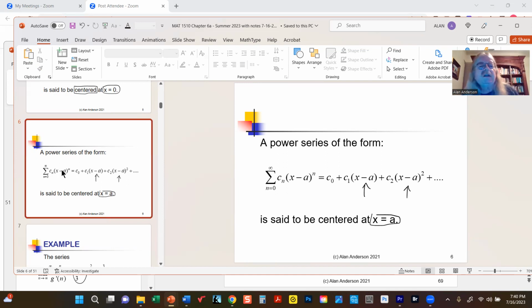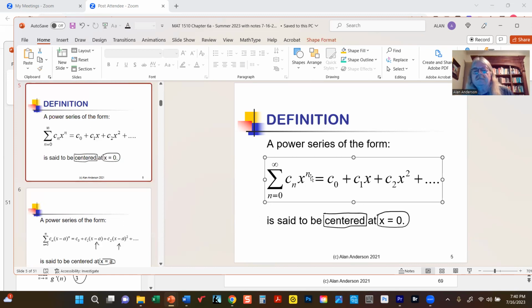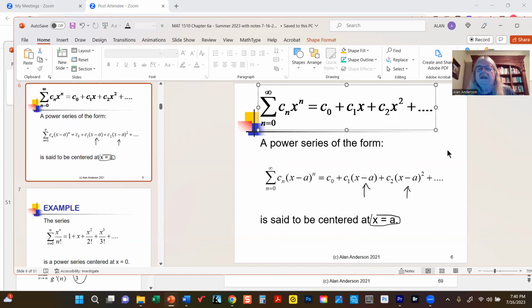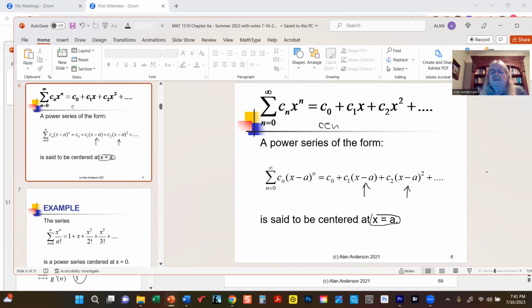So let's put them side by side so you can compare them. The one on the top is centered at 0, and the one down here is centered at x equals a. So the centered at 0 case is a special case of centered at a, because we could have a equals 0 if we want to. Those are the two types we might encounter.